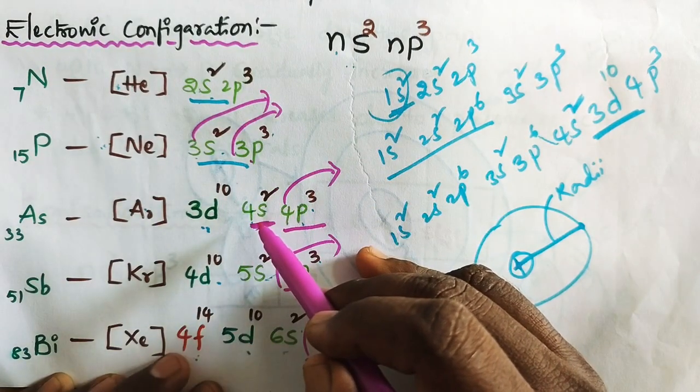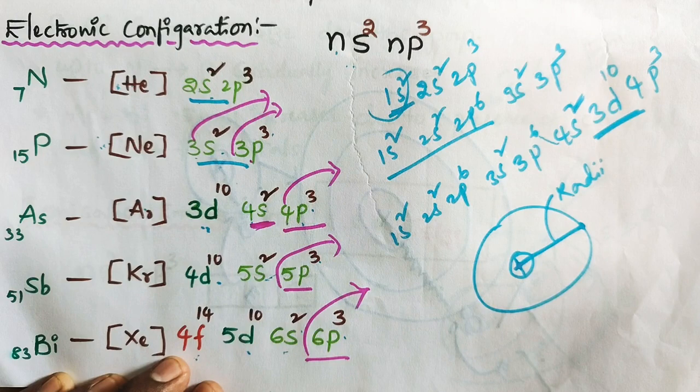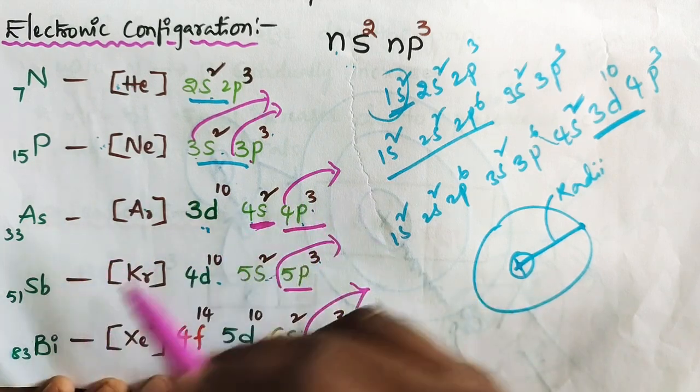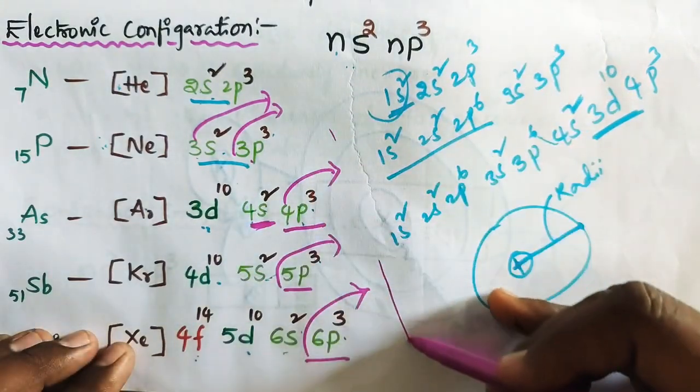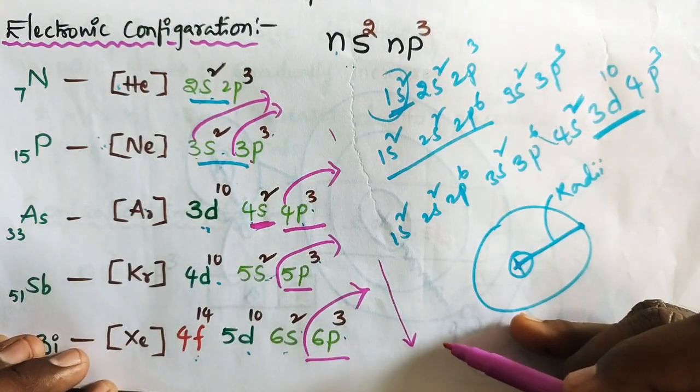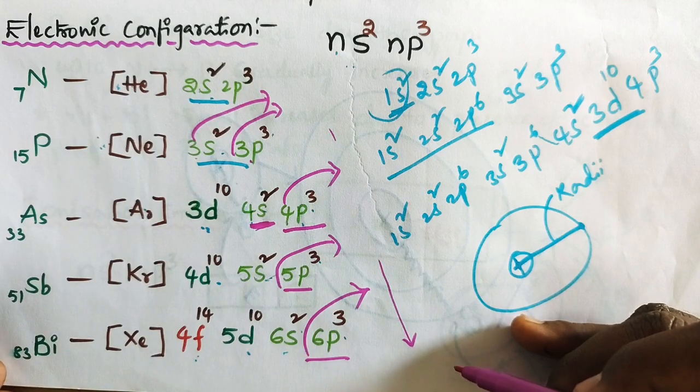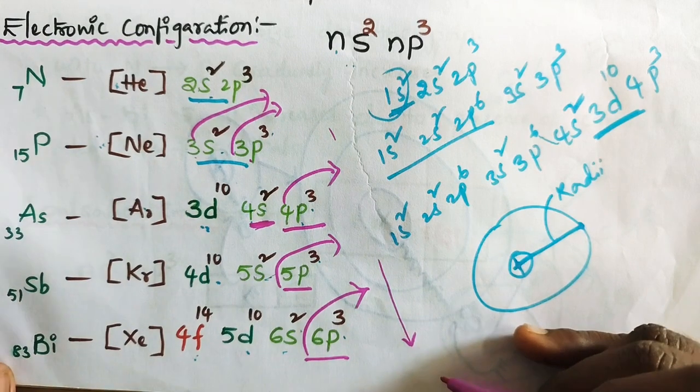Due to the inert pair effect, this element shows the +3 oxidation state. So the stability of the +3 oxidation state increases down the group.